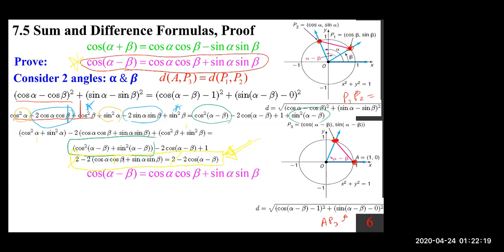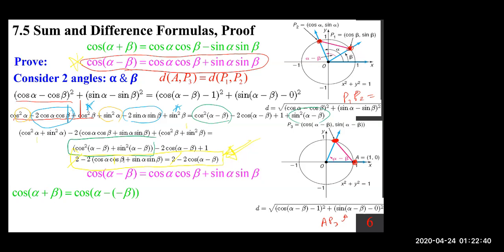So we are going to write cosine of alpha plus beta. We have established for the negative one. Everybody agrees that cosine of alpha plus beta is the same as cosine of alpha minus negative beta. Negative beta. That works for everybody? Yes.